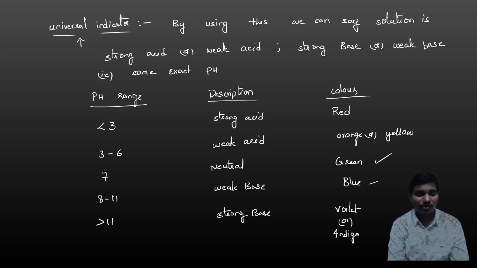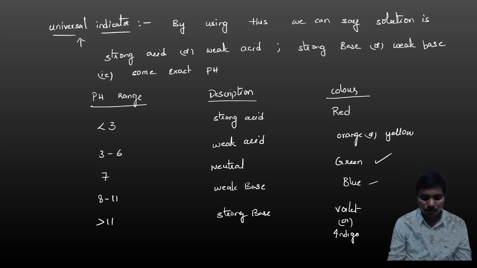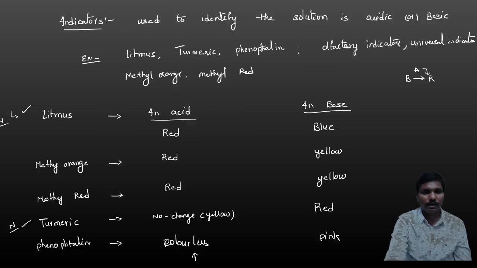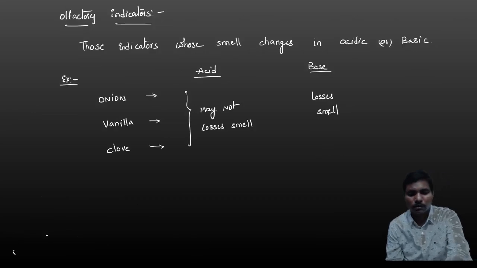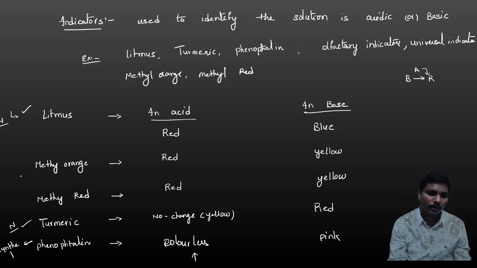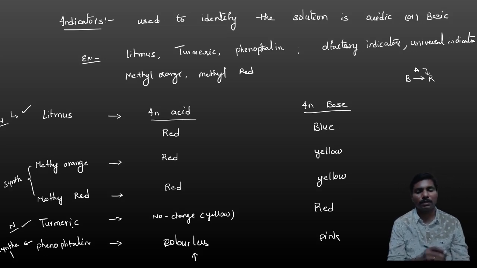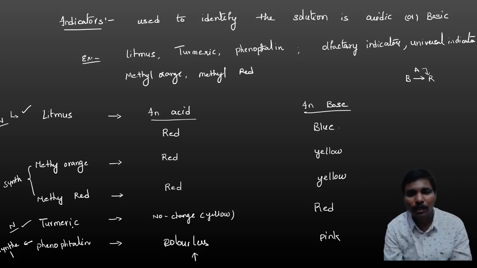That is the universal indicator. And one more question: phenolphthalein is a synthetic type of indicator. Litmus and turmeric are natural types of indicator.